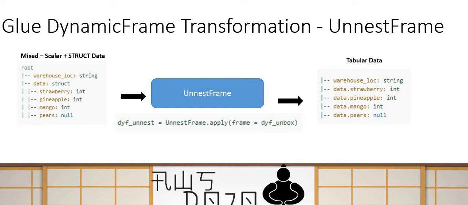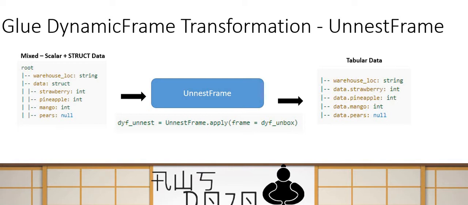So you can use these two transformations in your PySpark script to convert a JSON document into a proper tabular data format.